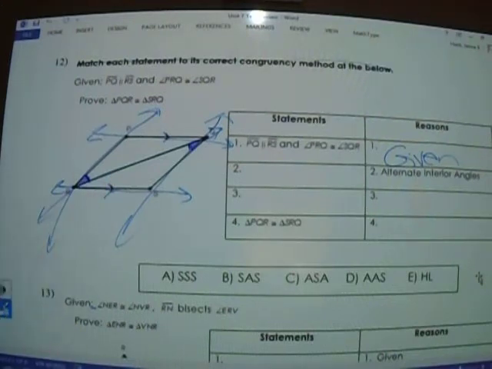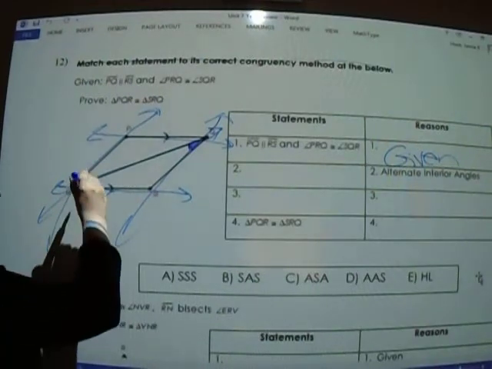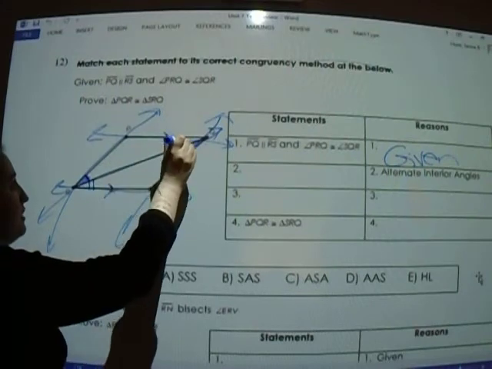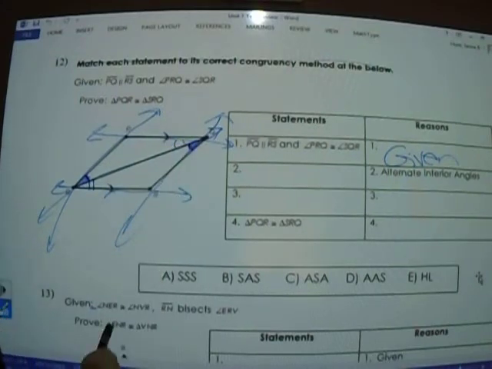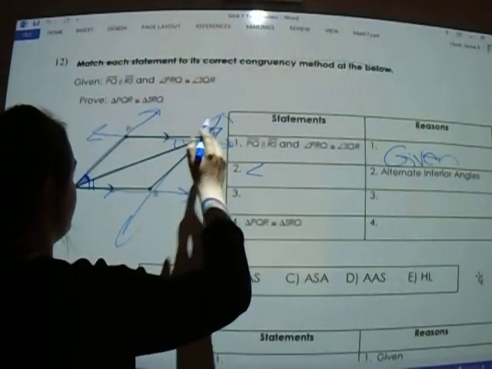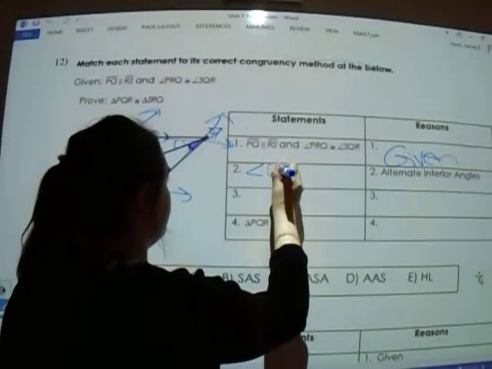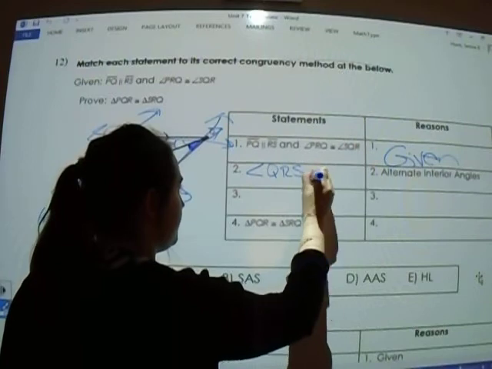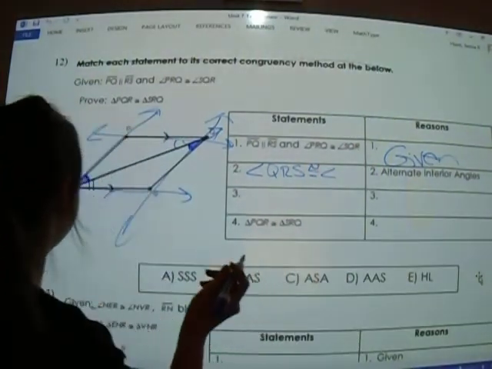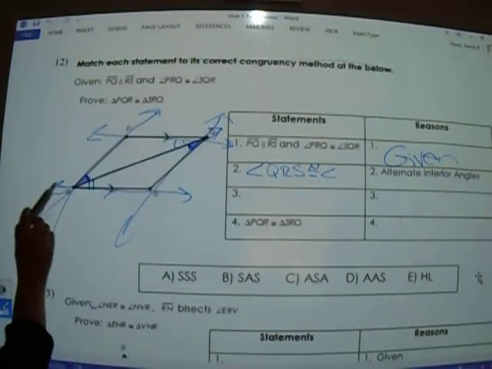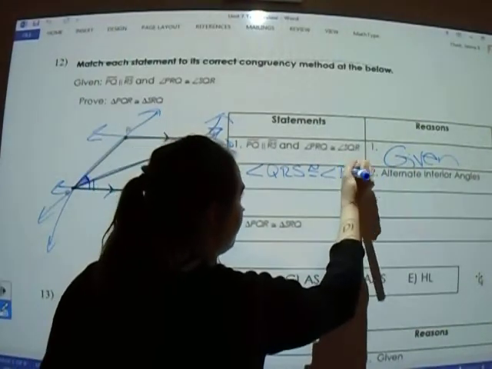Now we're told alternate interior angles. Well, what are two alternate interior angles in here? These two angles, right? So angle QRS is congruent to angle PQR. Okay?